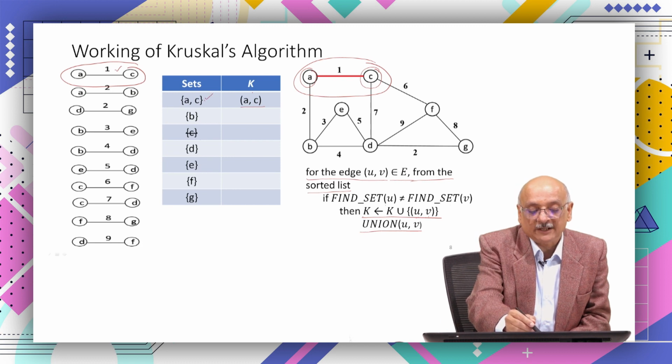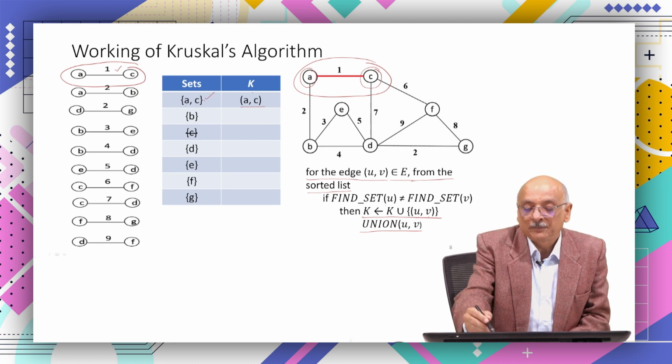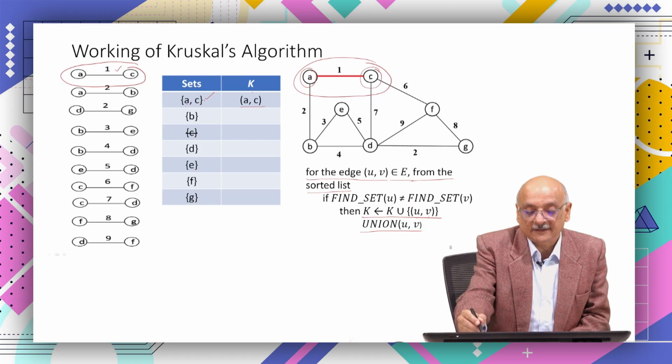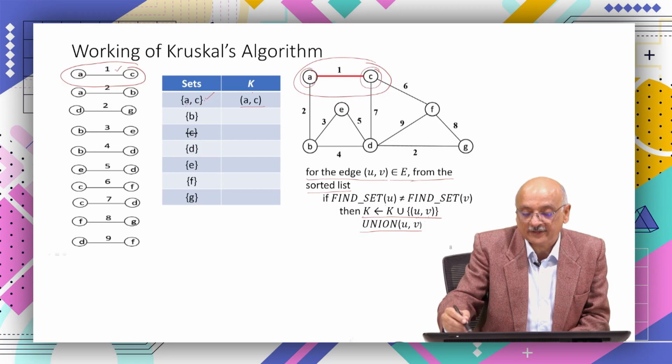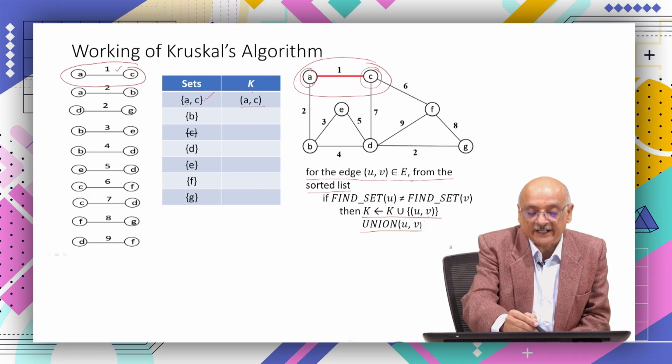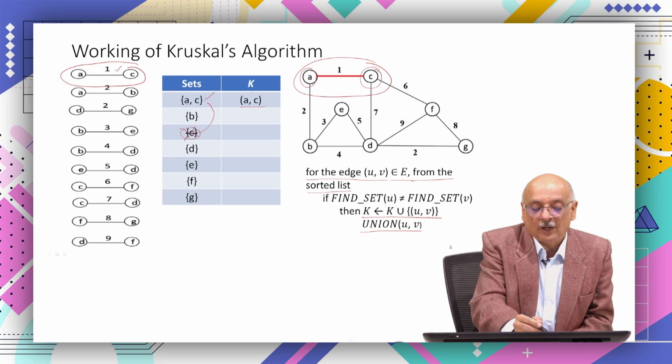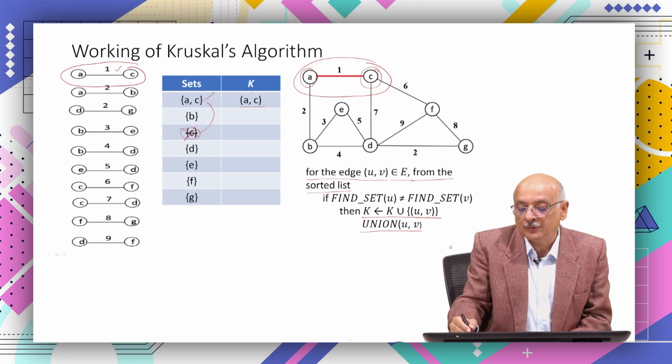So this is what is showing the union. The set for A consisted of A, the set for C consisted of only C. So these two have been put into one set. That's why it has been removed from here. This is no longer there. And what we have got is AC as a new union.